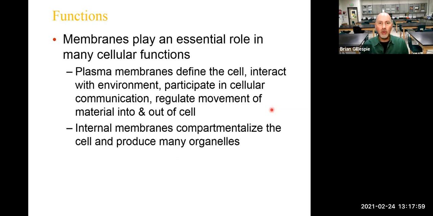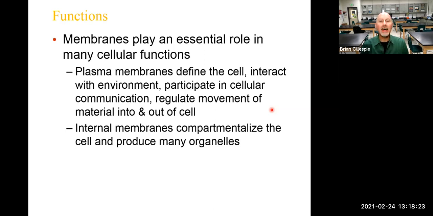Others create little compartments for intracellular digestion or breakdown of macromolecules. And in fact, many of the functionally structured elements within a cell that we call organelles, just meaning like tiny organs, many organelles are actually membranous in structure.